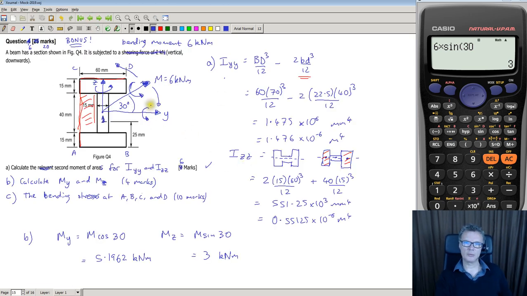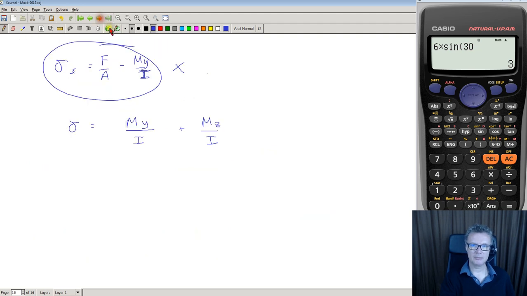So for the MZ, sorry, for the MY, notice that the distance that you're looking to go away from that y-axis is going off in a Z direction. So your MY term is related to the Z position.